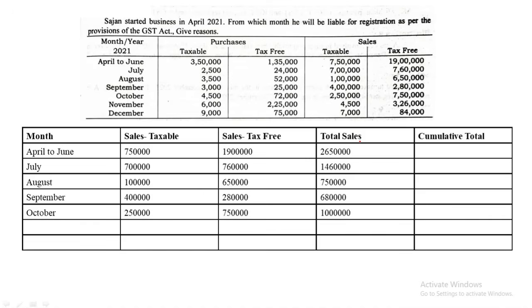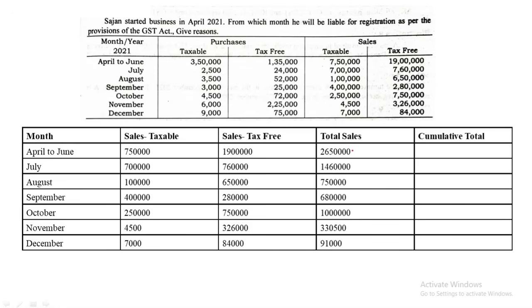Next, it was 2.5 and 7.5, so that came to 10 lakhs. For November, 4.5 and 3 lakh 26,000, so that became 3 lakh 30,500. And last, 7,000 and 84,000, that comes to 91,000. We noted the taxable, tax free, and got the total under the total sales column.